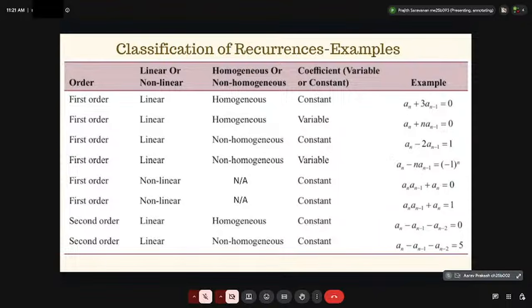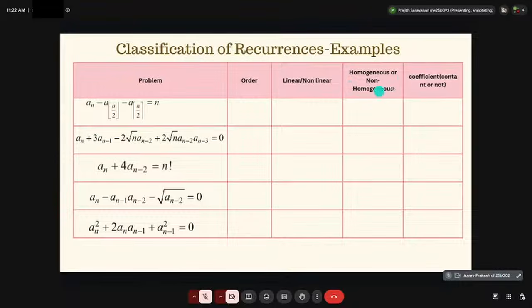Are there any other doubts? Okay, I'll move on. So here are a couple of problems for you all to try. You can put the answers in the chat. I'll wait for a little time. So consider the first example. What is the order of this one?